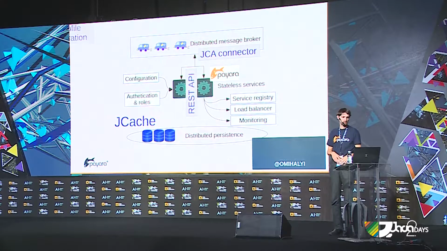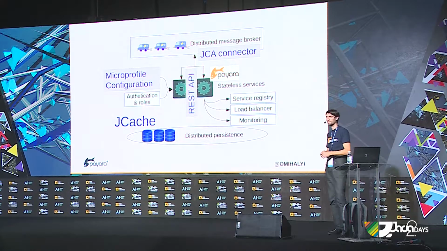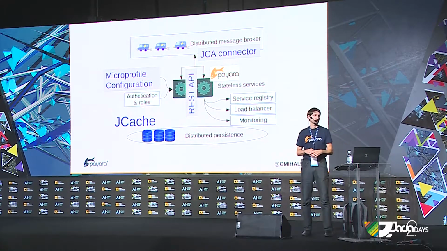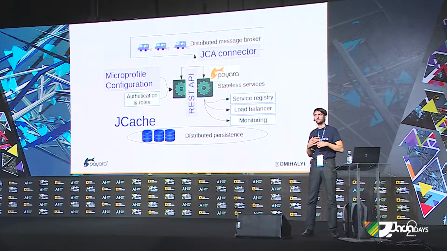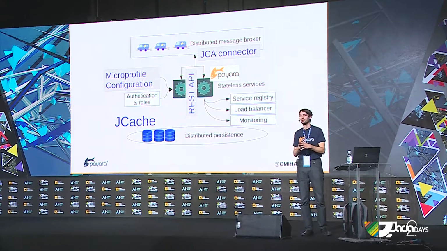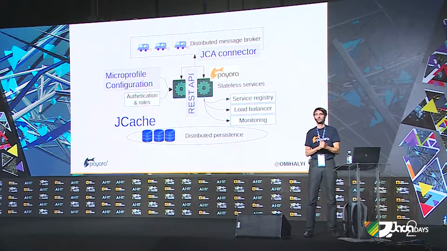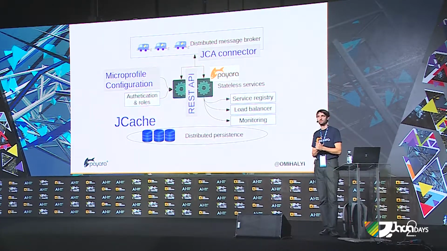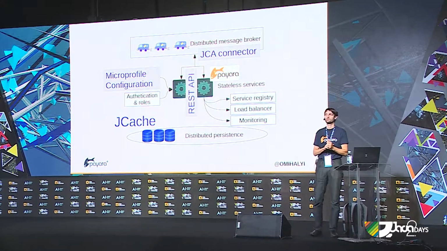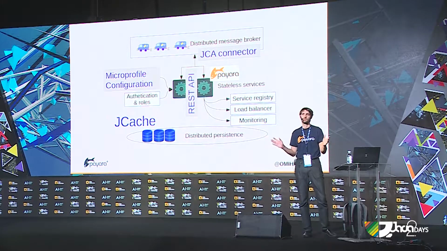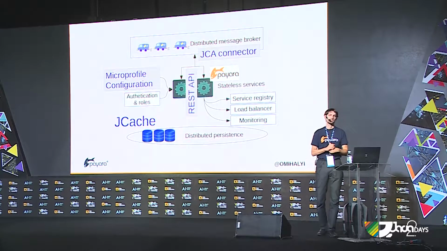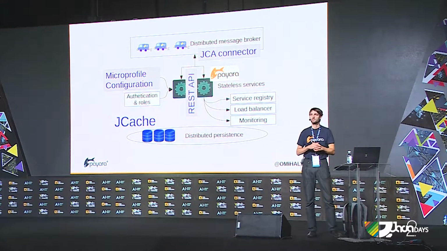And this covers the gap, or helps you to write complex stuff in a simple way. Until recently, there was nothing you could use across all the applications. But within MicroProfile, one of the first specifications was about configuration.